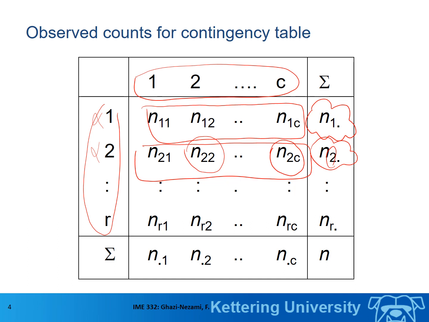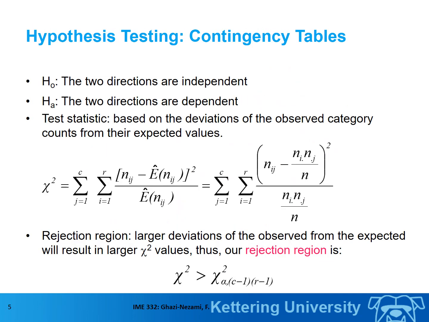When I want to calculate the summation of columns, for example, summation of all the values in my column 1 is shown with n dot 1. The summation of all the values in my column C is shown with n dot C. The summation of all the numbers in the matrix n11, n12, all the way to nRC is n, which is the total number of observations.